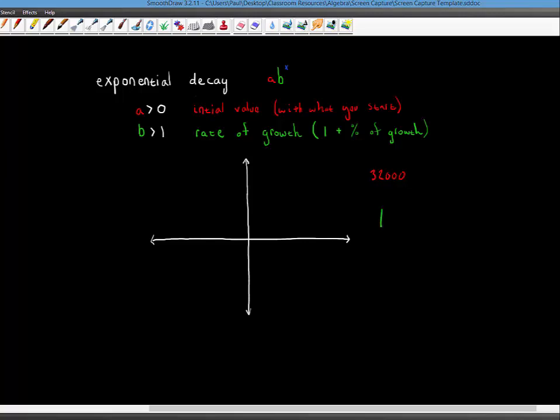So that's just 1 plus 7%. And of course, you remember that that's the same as 1 plus decimal 0.07. So our value of b is 1.07. And then this problem asks about 5 years. And you can go straight to the calculator to get that answer.